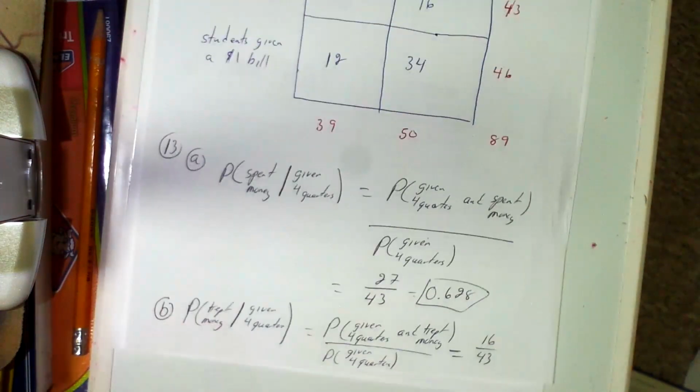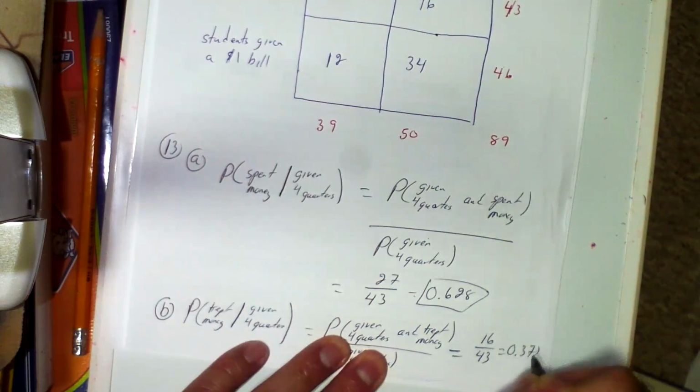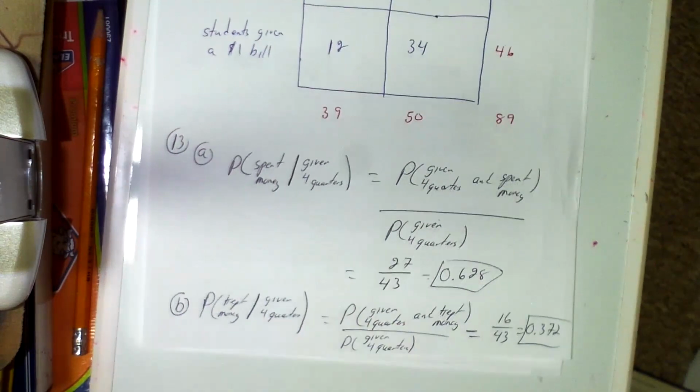So 16 over 43 is 0.372. All right, so that's 13.